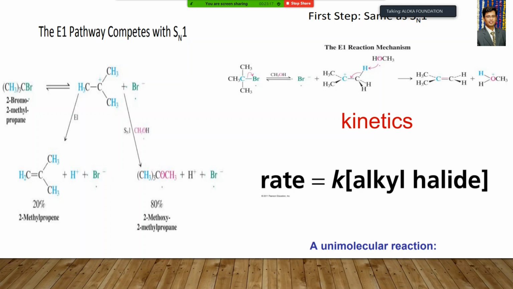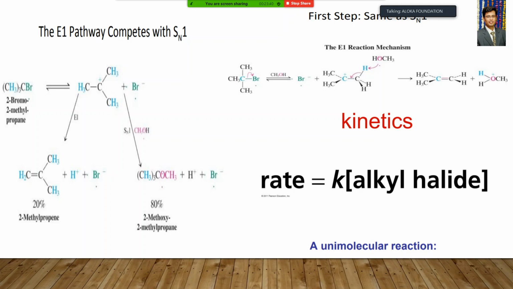It does not depend upon the concentration of the base which is used. The first step is the slow step, formation of the carbocation, and if the base is strong, the base will abstract a proton from the beta carbon and you get an alkene. So this is the E1 mechanism.